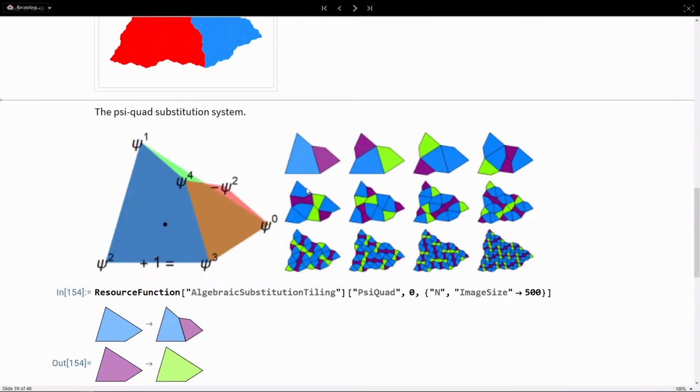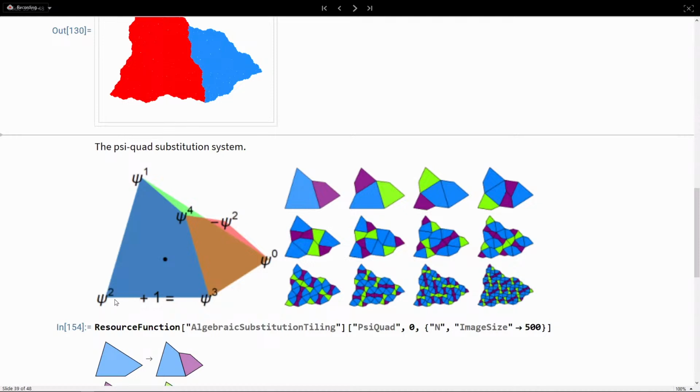Well, if you use the super golden ratio, which is psi squared plus 1 equals psi to the third, and you use one of the complex solutions for that, you get the complex super golden ratio. And then if you use that value, here it is on the complex plane, to the first power, to the second power, to the third power, to the fourth power, to the zeroth power, which is 1. This is 0 over here.